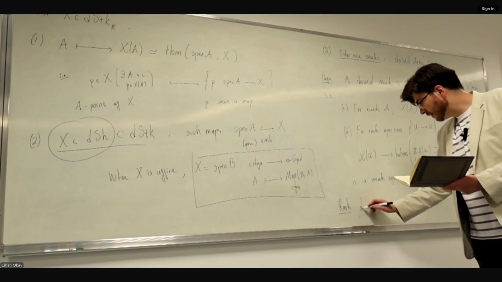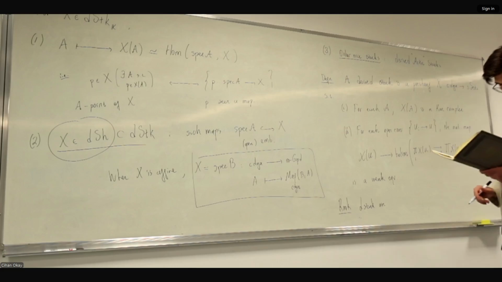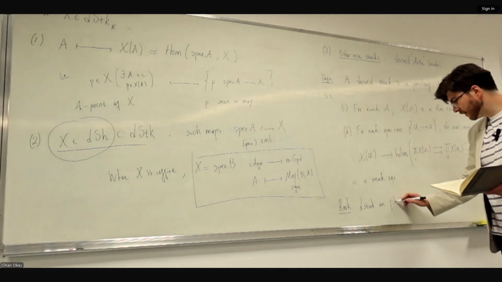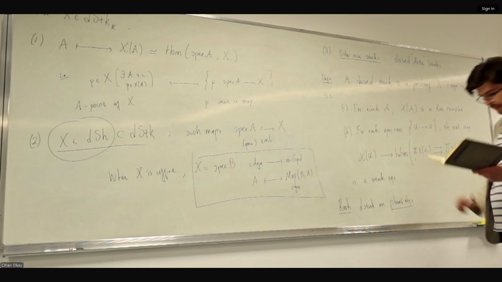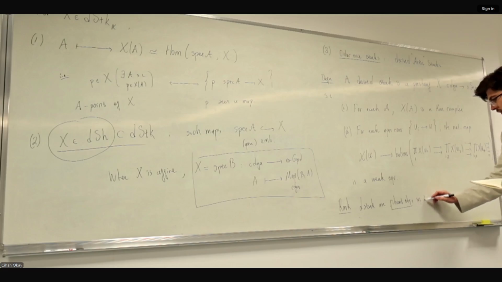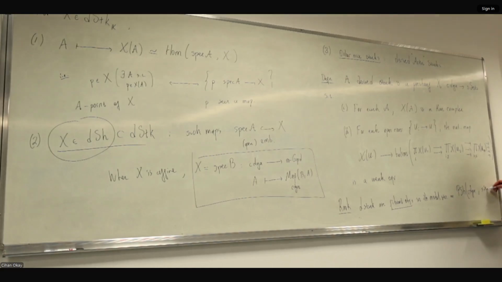So derived stacks, if you like this perspective, turn out to be fibrant objects in the model structure on this category: pre-sheaves from CDGAs to simplicial sets.